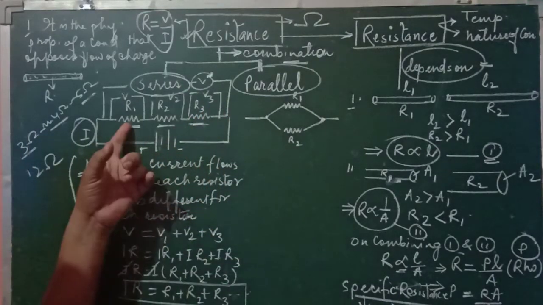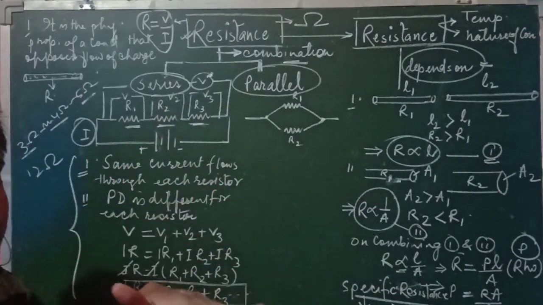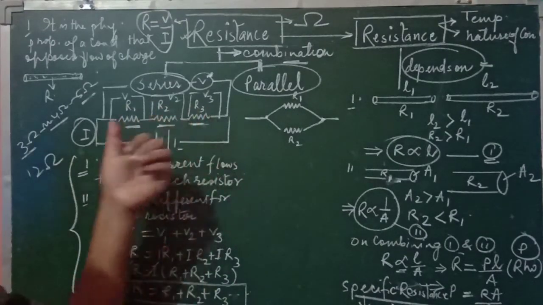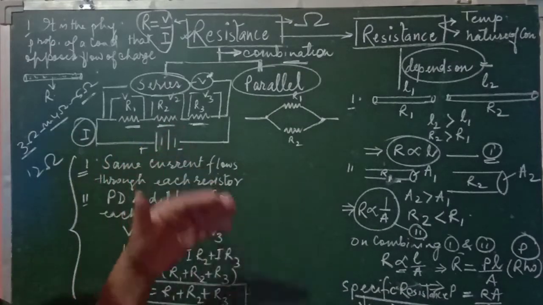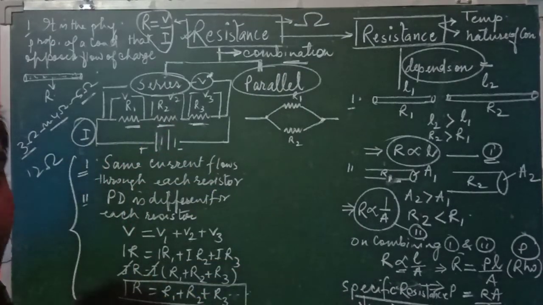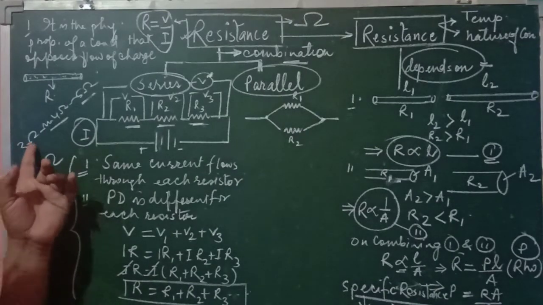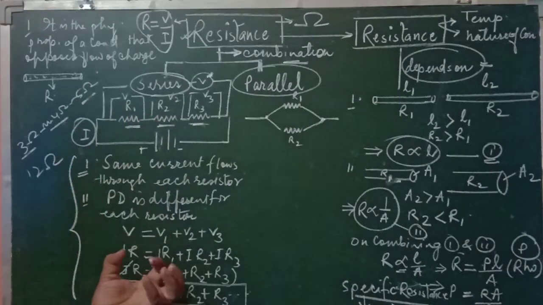Different appliances connected in series require different amounts of electric current as per their resistances, but in series the same electric current is provided to each, so no one will work properly. And third, net resistance becomes greater than each individual resistance, which causes the production of heat also. So that's why series combination is not used as household wiring.